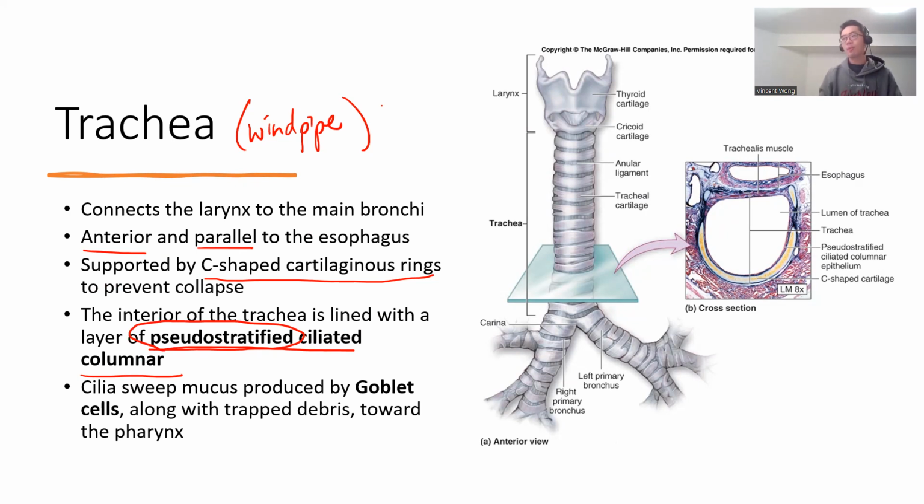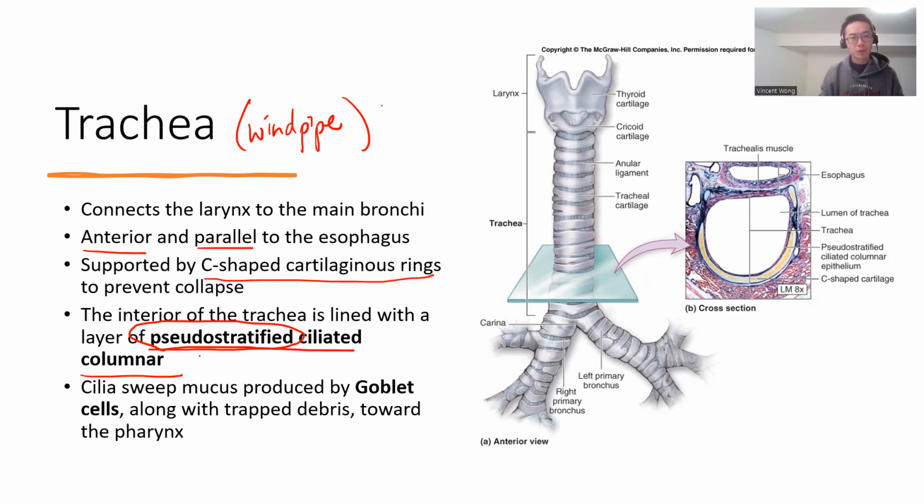That's all right. Stratified means multiple layers, right? And pseudo means fake. So even though they appear to be multiple layers, it's actually just a single layer.